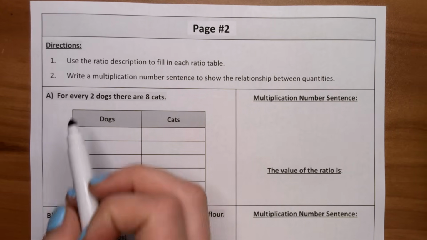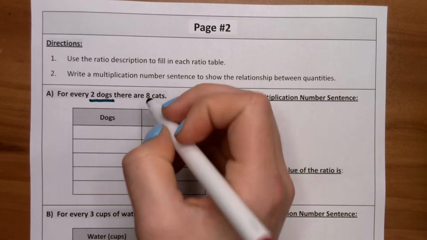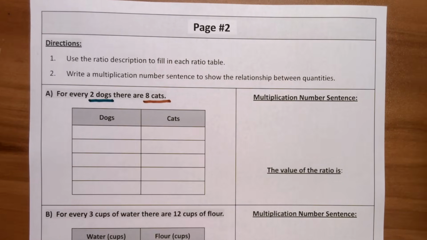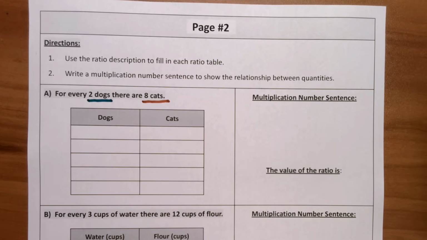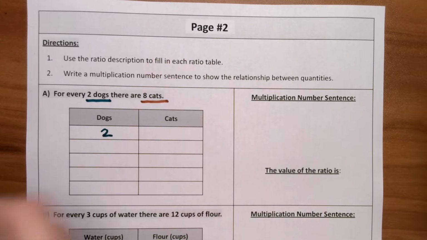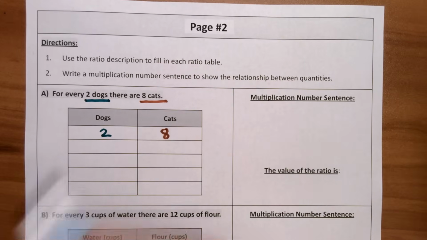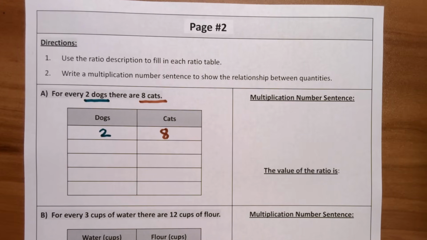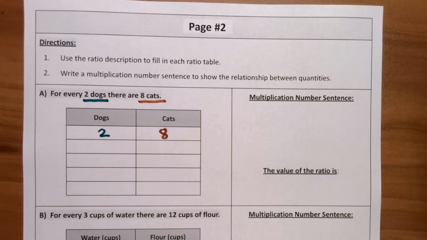So it looks like for every 2 dogs, there are 8 cats. So every time our dogs increase by 2, our cats will increase by 8. So I'm going to go ahead and fill in 2 and 8. I want you to pause, fill in the rest of this table, and then come back to the video.